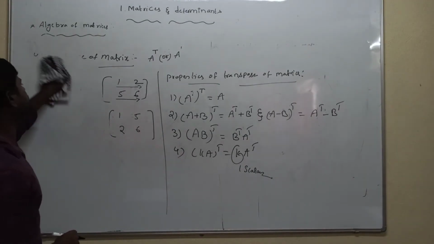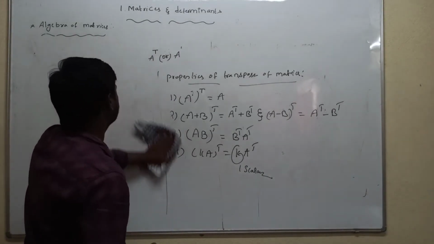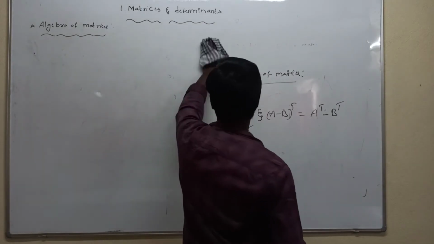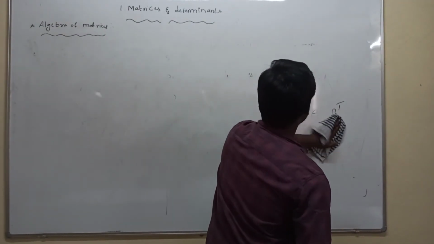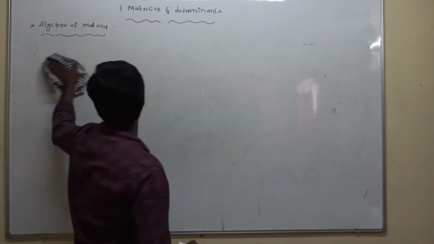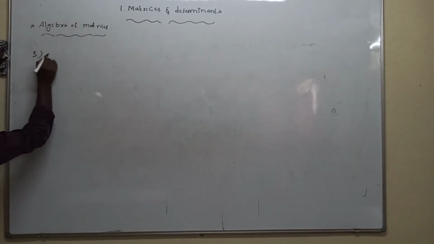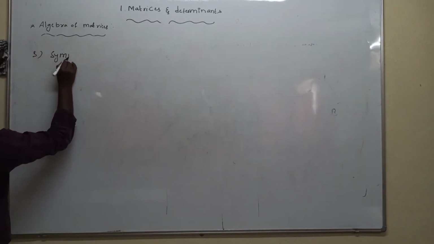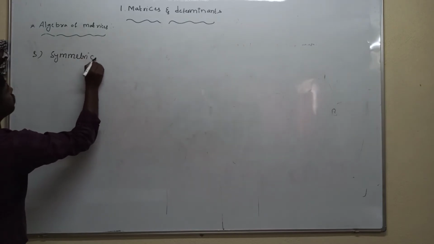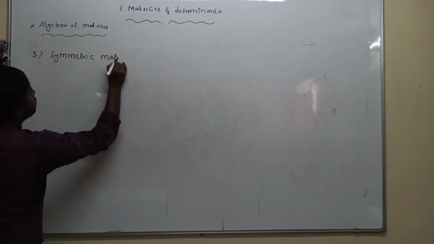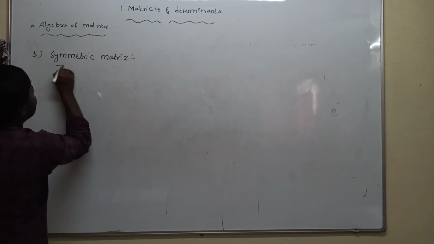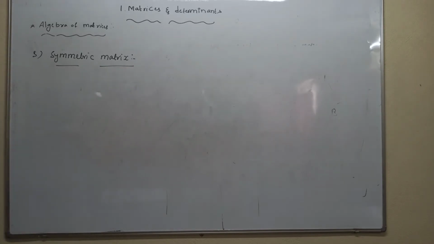Next, the fifth definition is the symmetric matrix. What is the definition of a symmetric matrix?